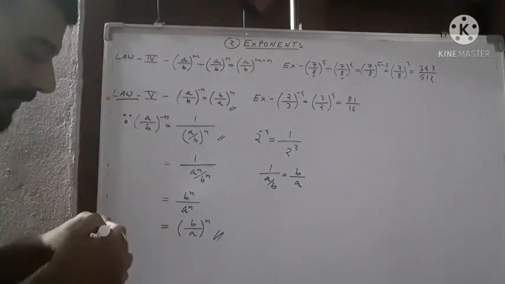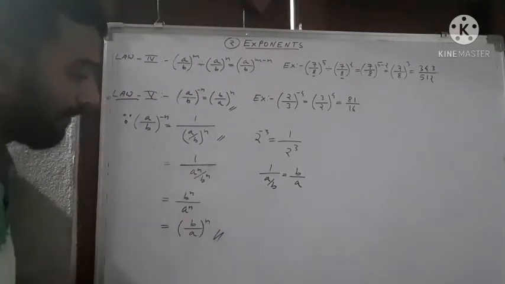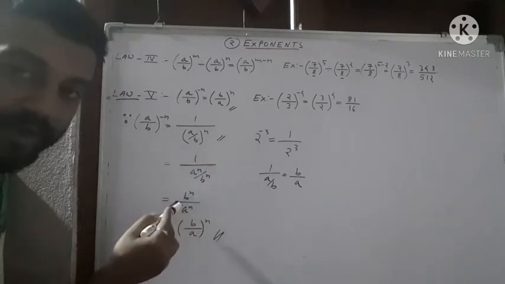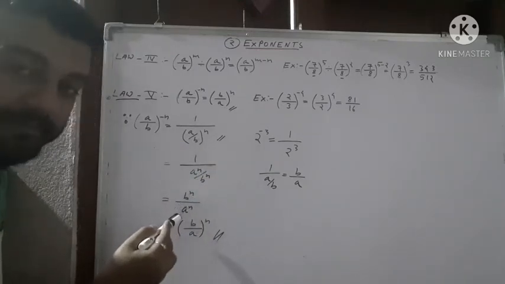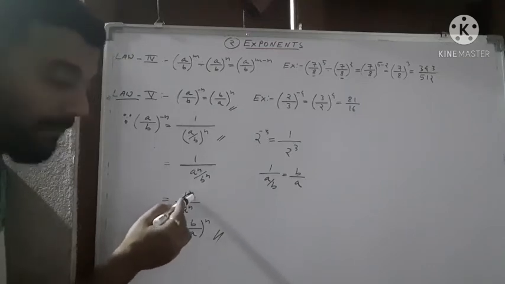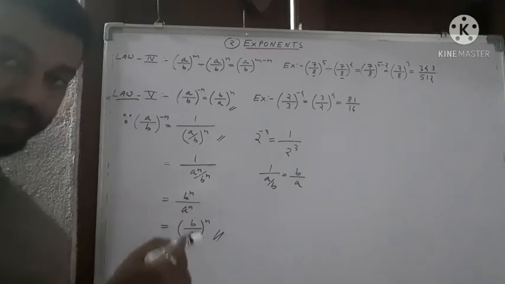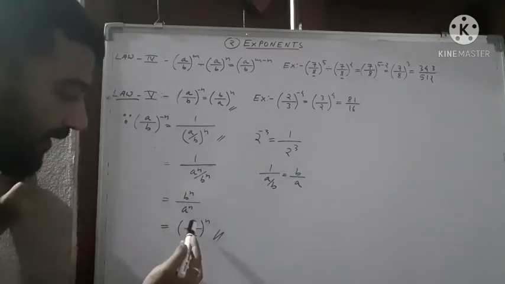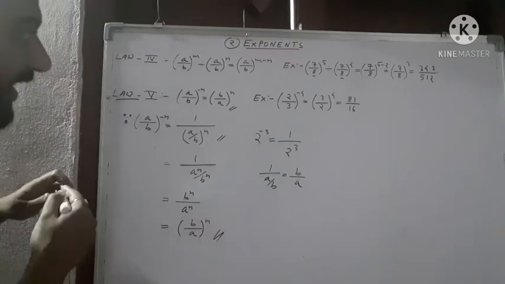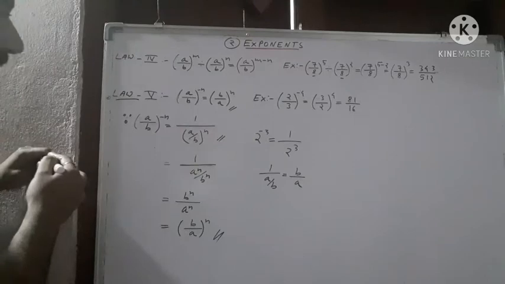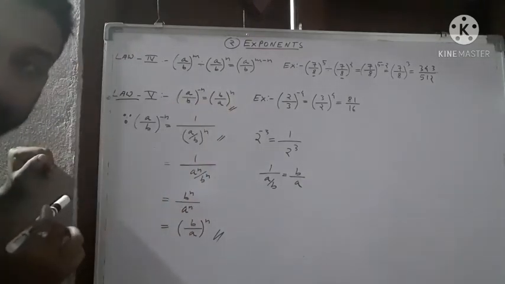Similarly, b to the power n goes up and it becomes b^n divided by a^n. Although the bases are different, the power is the same, that is n, so we can take n as the whole power: (b/a)^n. So that is the result: (a/b)^(-n) equals (b/a)^n.